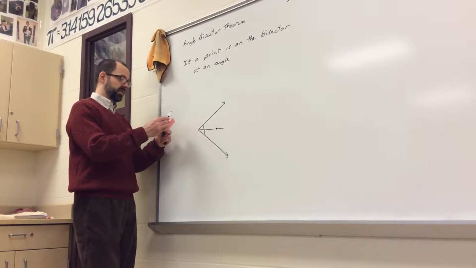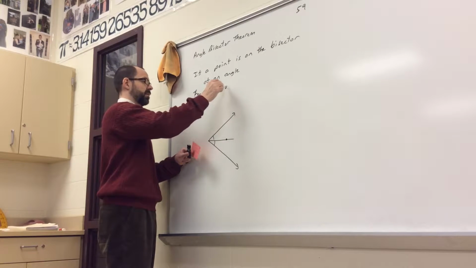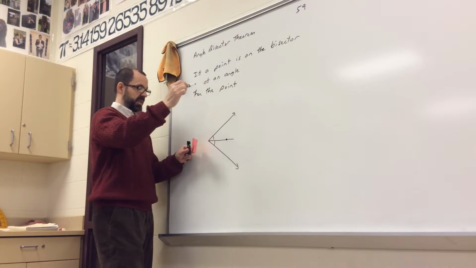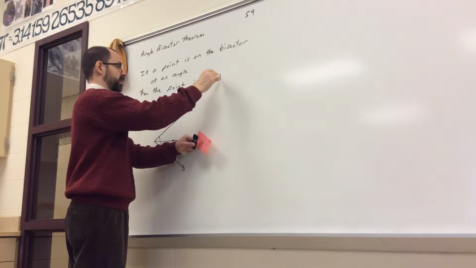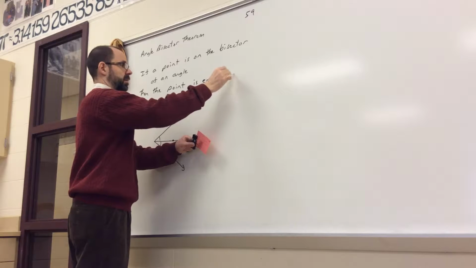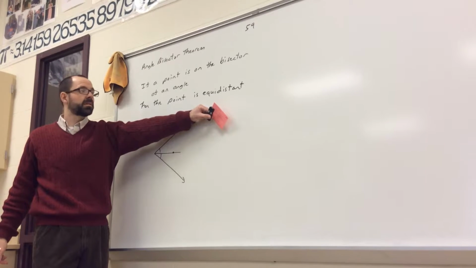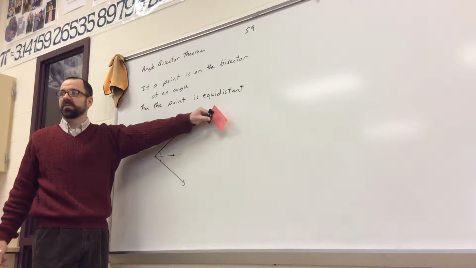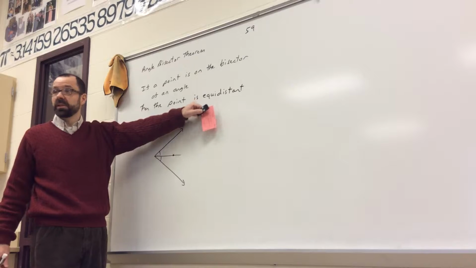So what happens is, then the point is equidistant. What does equidistant mean? It's like the same on both sides. Same. Equal means same. Good.